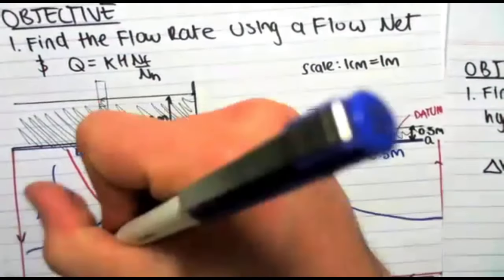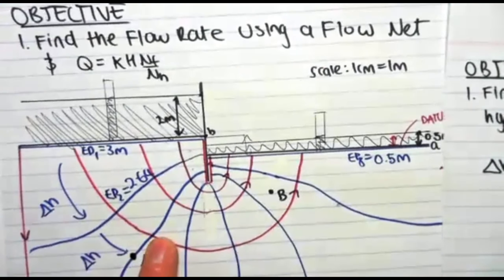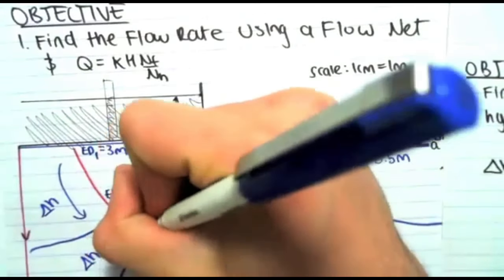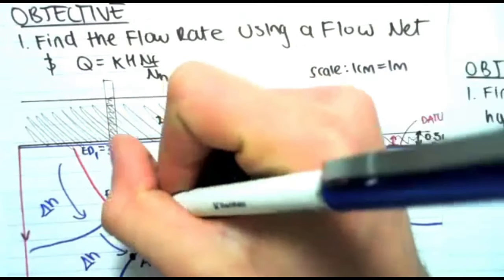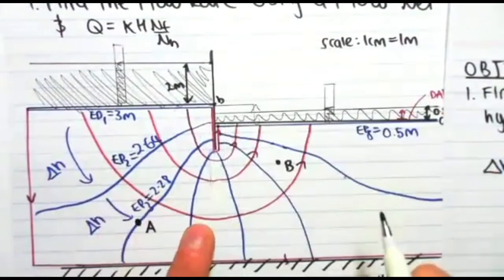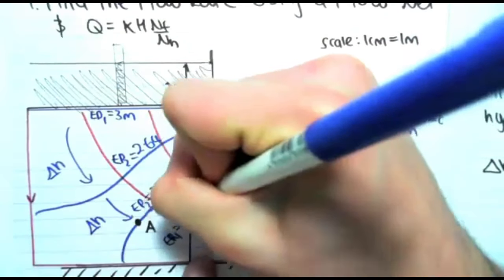We're now going to go again, change by another Δh. So the equipotential here would be 2.64 minus 0.36, so it's 2.28. So EP3 is 2.28. Once again, we subtract another change in head to get to this equipotential line. So EP4 would be 1.92.